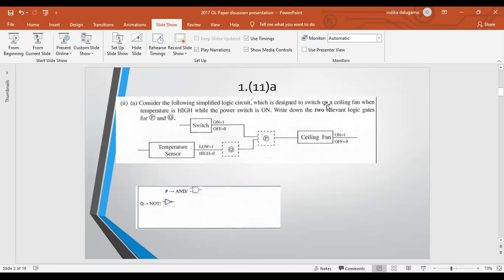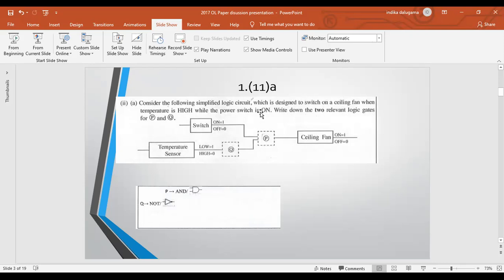It says it is designed to switch on while the temperature is high and the power switch is on. So there should be two conditions, and both should become 1 for the output to be 1. So that is an AND gate.